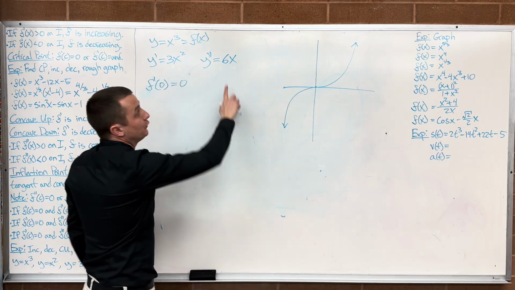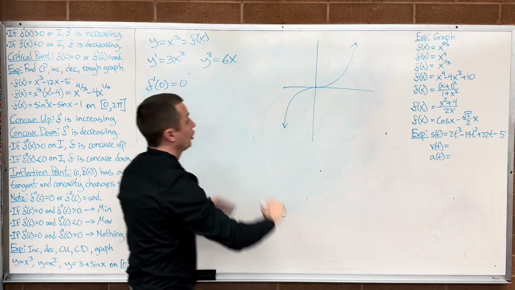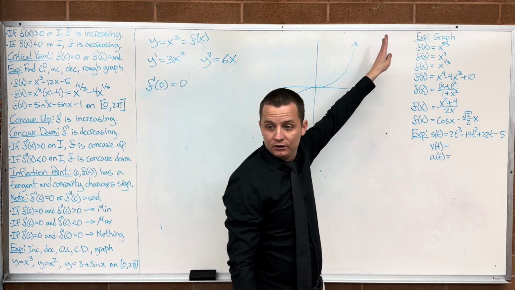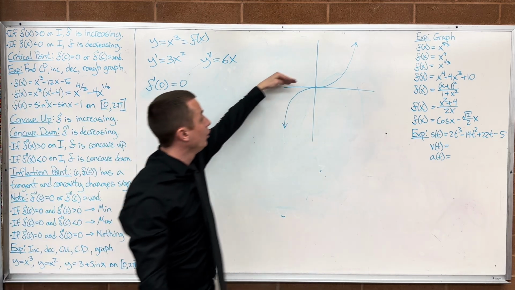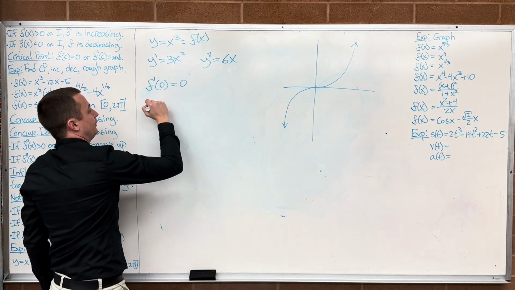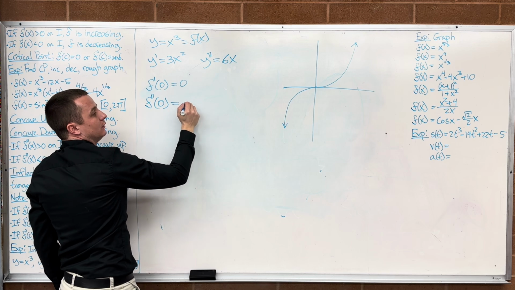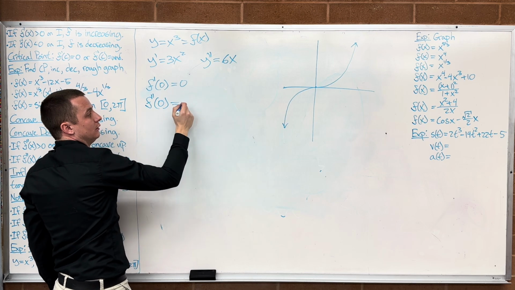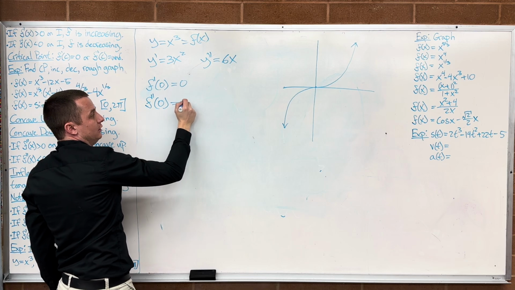Now if we plug a positive number into the second derivative, it's positive. So it's concave up over here. Its curvature can be found on a smiley face, and on that whole interval the slope is increasing again. But f double prime at 0 is 6 times 0, which is 0.